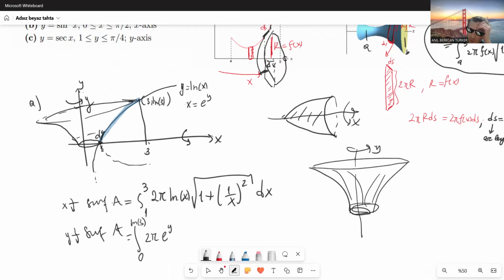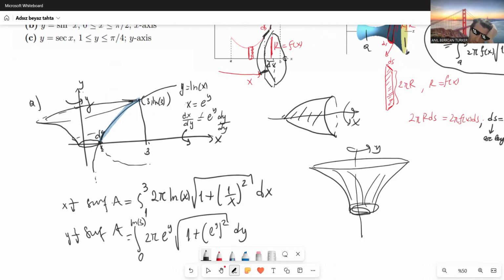So e to the power y, that's right, and 1 plus, what is the derivative of e to the power y with respect to y? dx over dy is e to the power y. Okay. e to the power y, squared, dy. Okay. This is the surface area when you rotate around the y-axis.